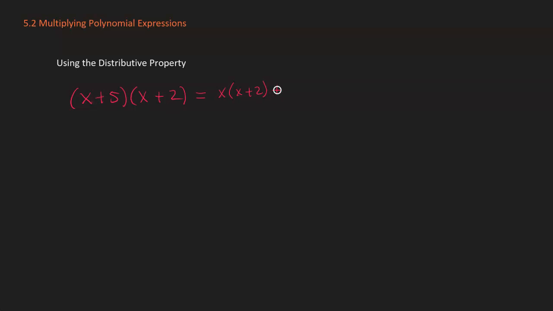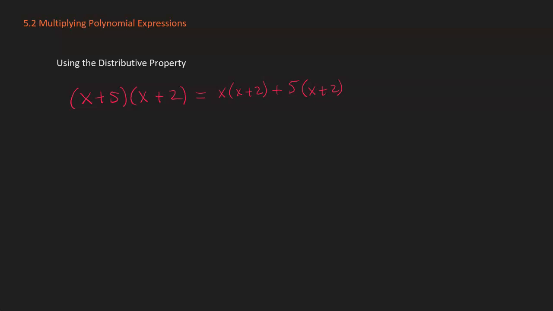If it was a minus sign, I would put a minus sign right there. So now I'm going to take the second term, 5, and I'm going to multiply it by the same second expression, x plus 2. Noticing that this expression doesn't change. It's the same because the first term of this expression is multiplying the second expression, and the second term is also multiplying the second expression.